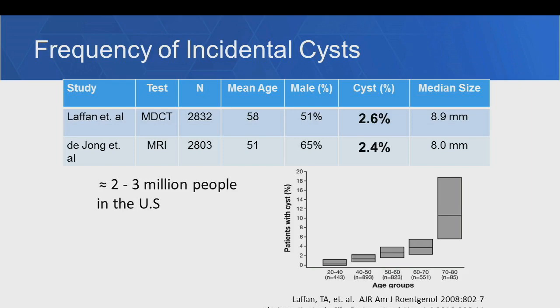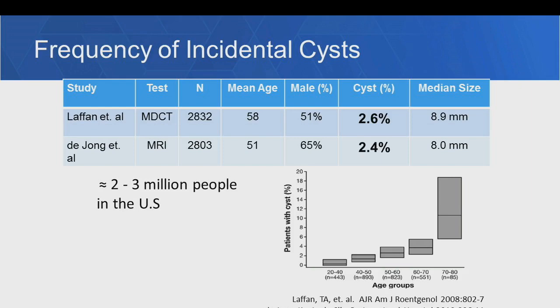And we use CT and MRI as the backbone of clinical care in most situations of abdominal distress. So perhaps it's no surprise that, as a consequence, we are detecting a lot of these cysts in the pancreas. There have been numerous different estimates.